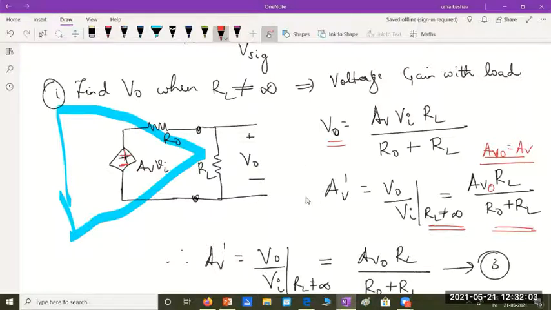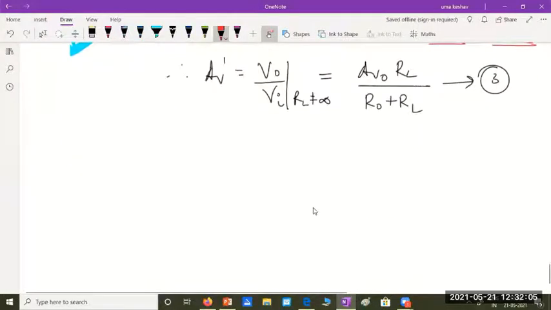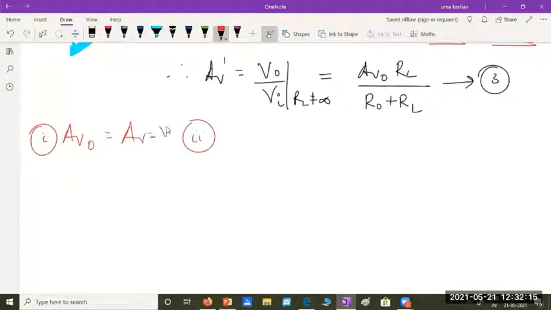So as of now, we have defined two types of voltage gain. One is open circuit voltage gain, which is the same as AV, and the second voltage gain. So how is this defined? V0 by Vi when RL is equal to infinity. RL shouldn't be there. That's how we define AV or AVO.